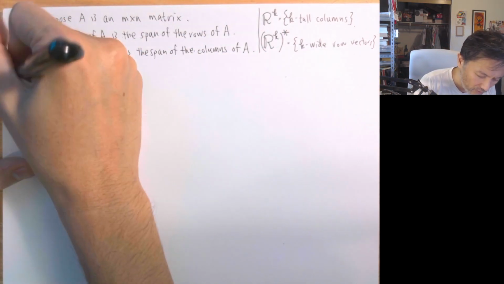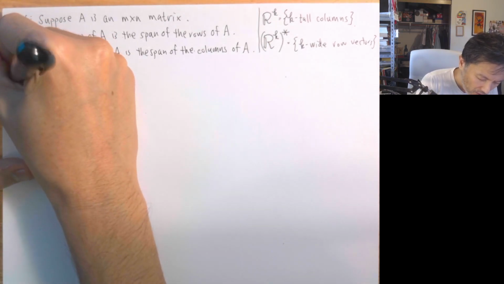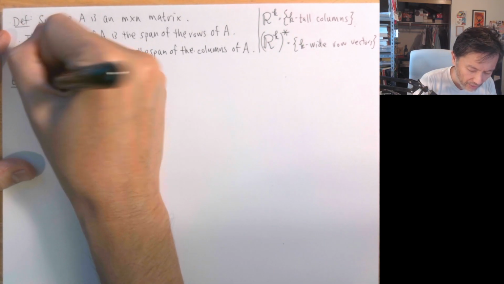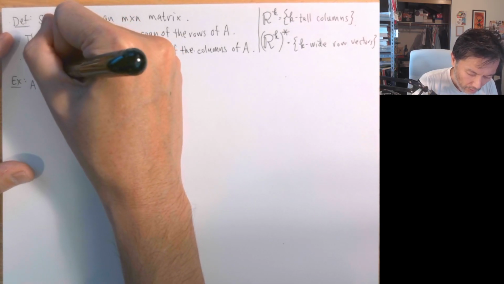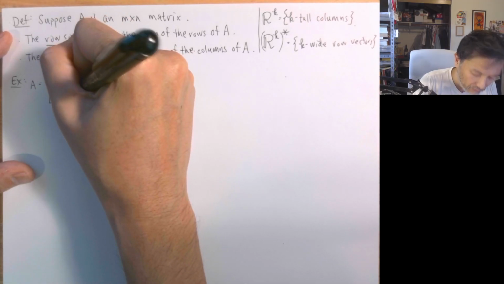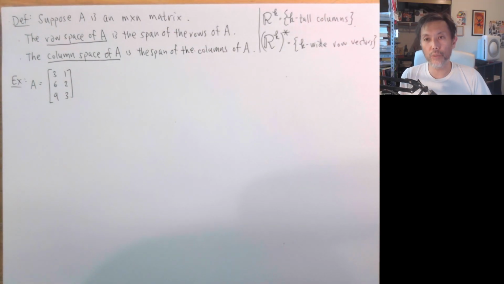So, for example, let me just write things down. Suppose A was something like 3, 1, 6, 2, 9, 3. So there's three rows here.